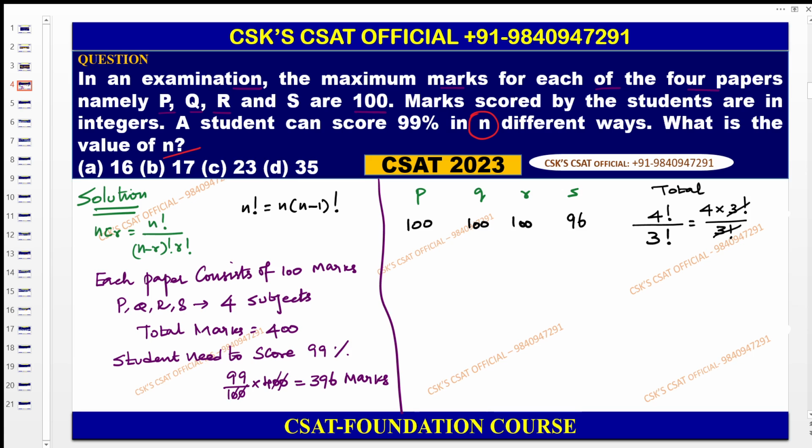You can cancel this, so which is equal to 4. Now here you can understand one more basic with respect to the factorial. N factorial: there is no specific definition for n factorial.